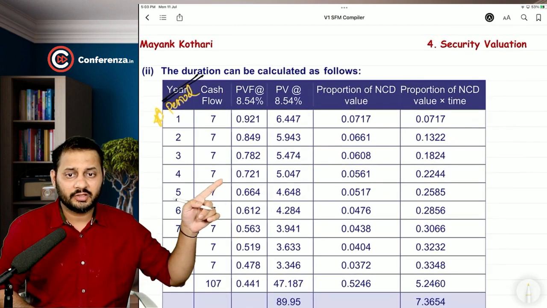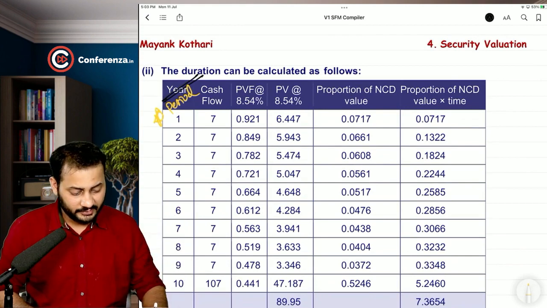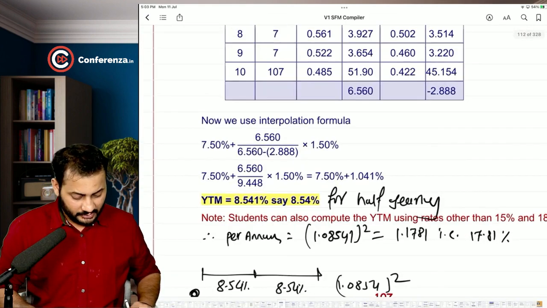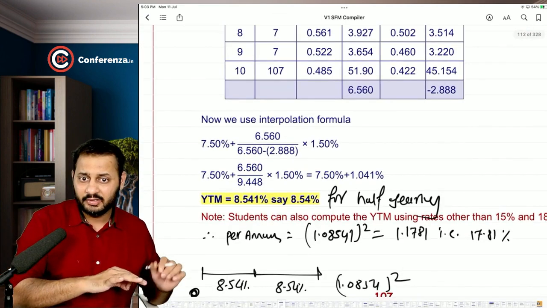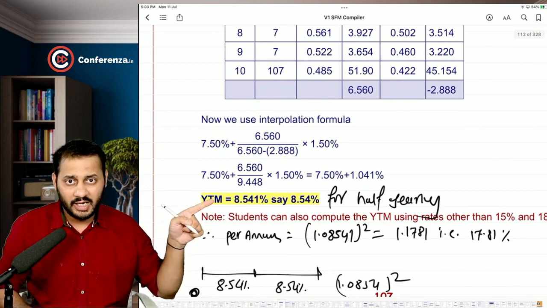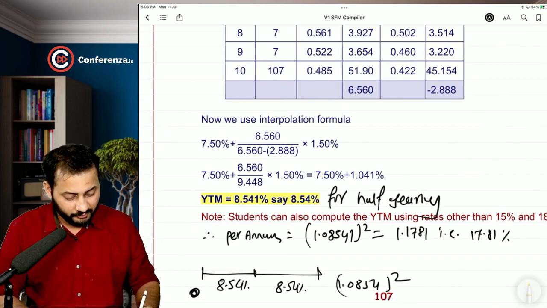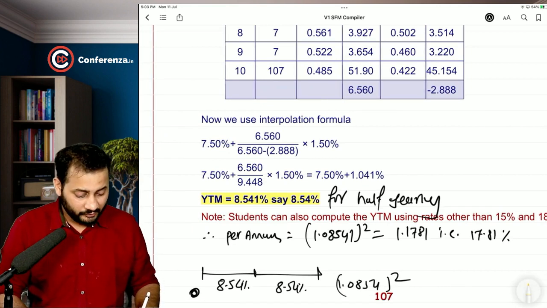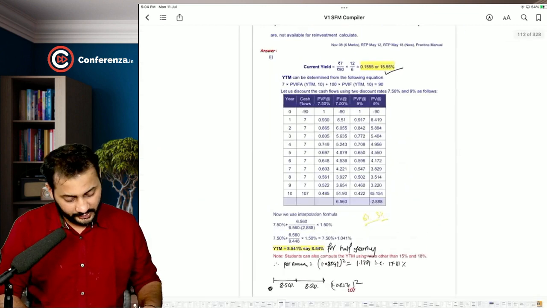Present value factor you are calculating at 8.54%. Please understand, because you are taking half year cash flows, the rate applicable will also be half year for discounting. If you remember, in the beginning we did that. One of the questions was 6% and 3% YTM that we took.